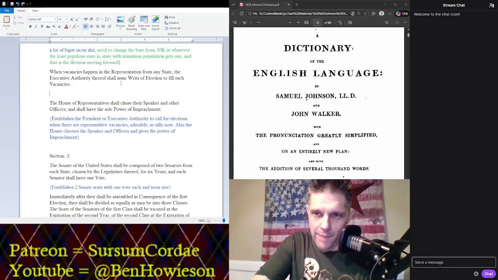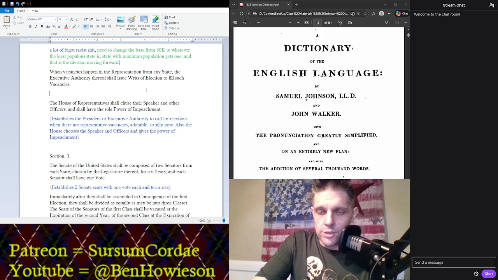When vacancies happen in the representation from any state, the executive authority thereof shall issue writs of election to fill such vacancies. See? So a vacancy is not the same thing as when an election is due, right?